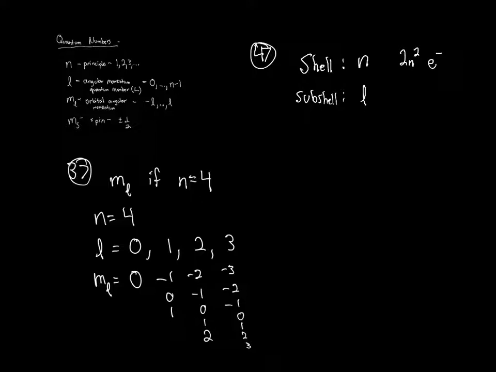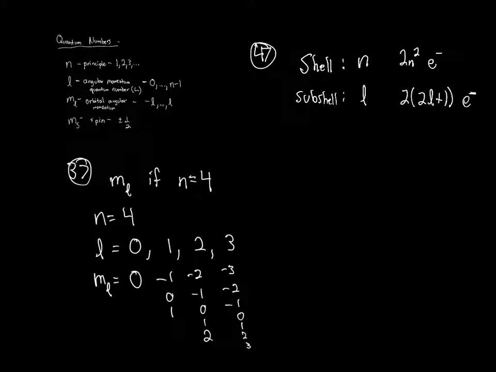How many electrons are in the subshell? 2 times 2l plus 1. And how do we know that? It's in front of us. They tell you it in the problem. So they give you right away what you're looking for.